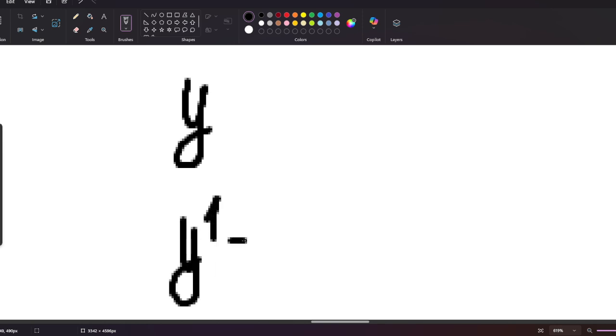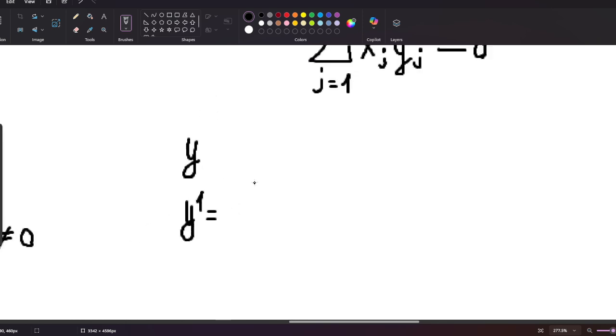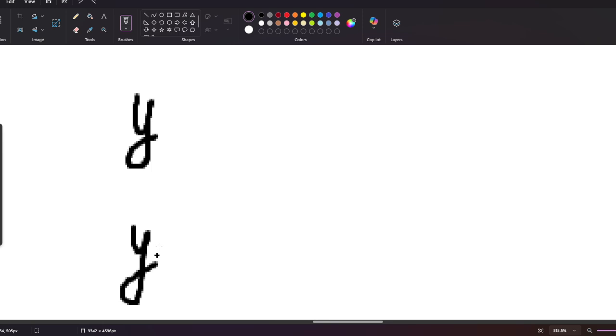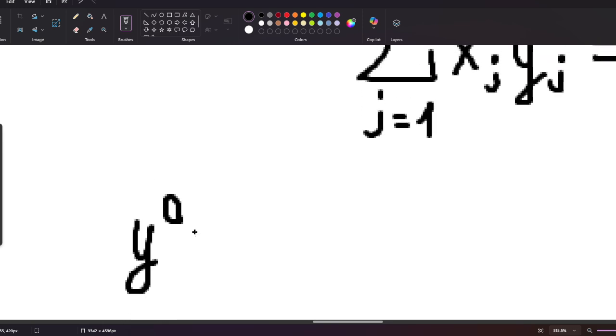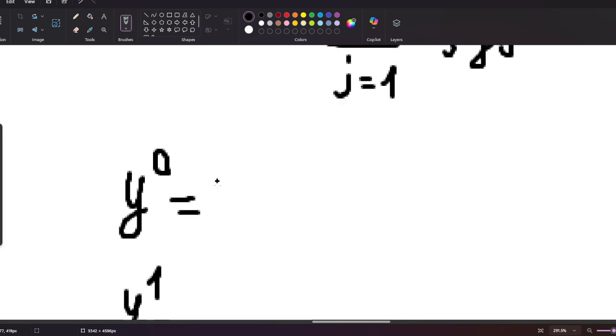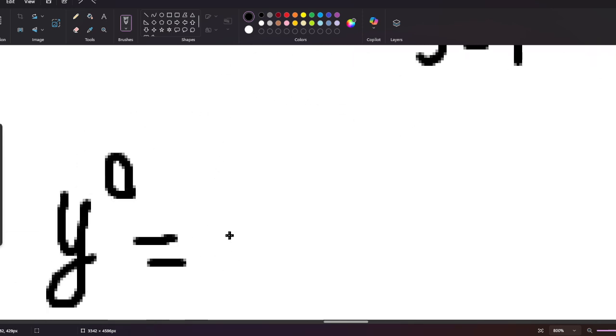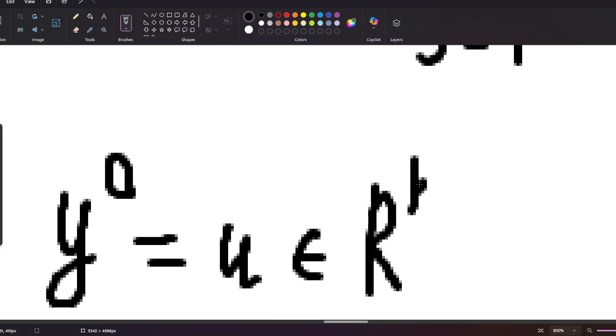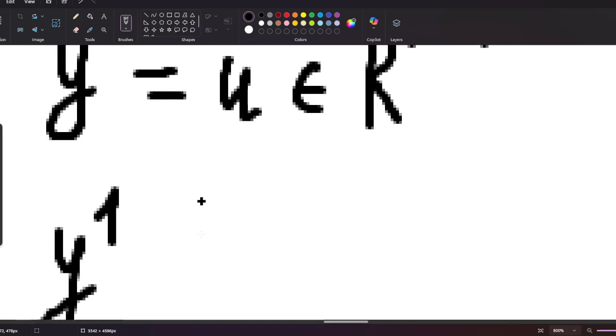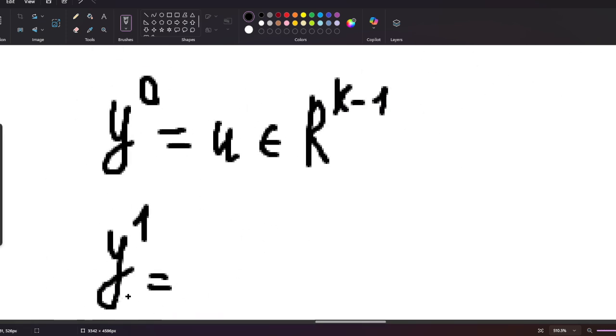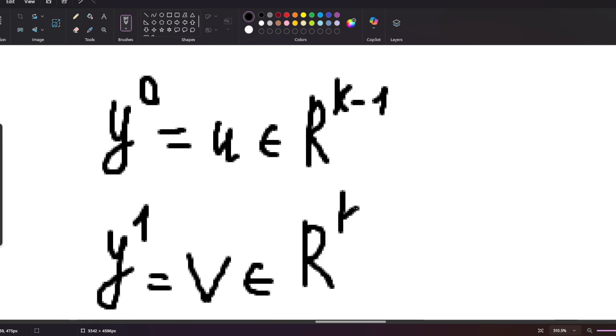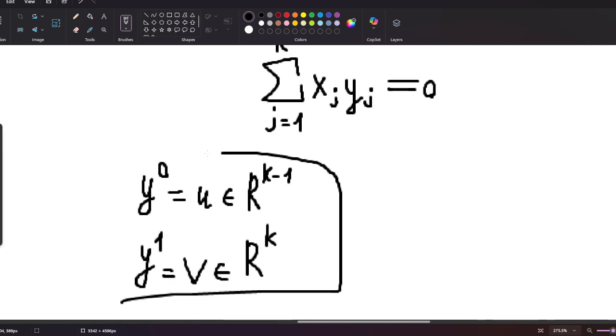Let's say that y to the power of 0 is a vector, let's call it U, that belongs to the vector space R^(k-1), and y to the power of 1 is a vector, let's call it V, that belongs to R^k, yeah? So I have redefined it for my notation's sake.